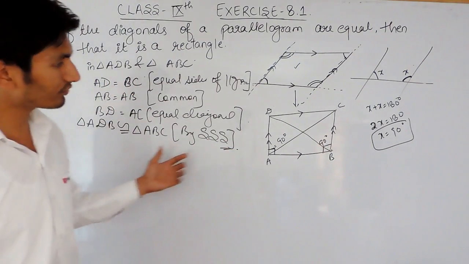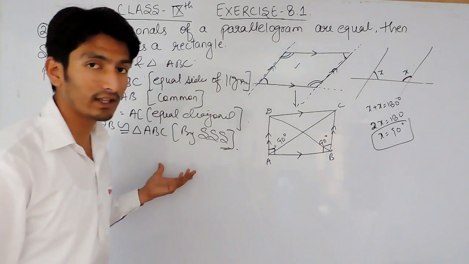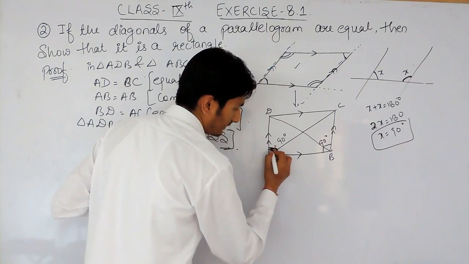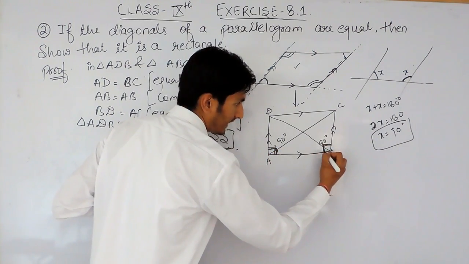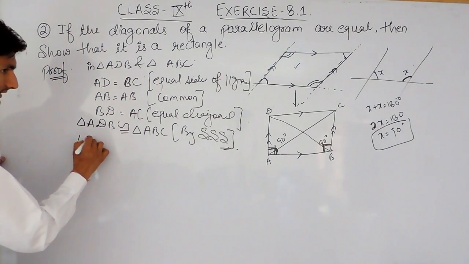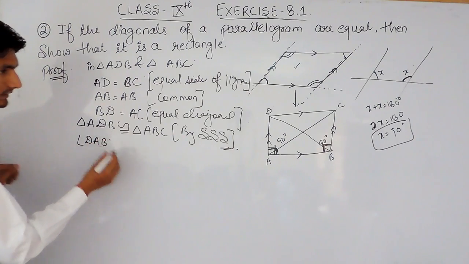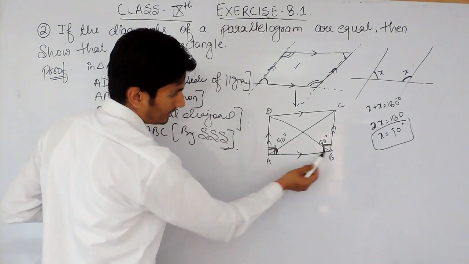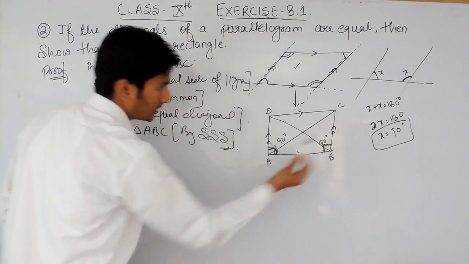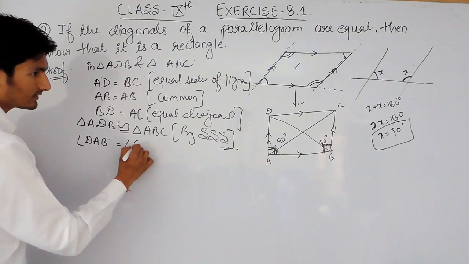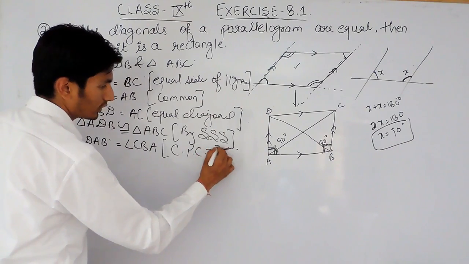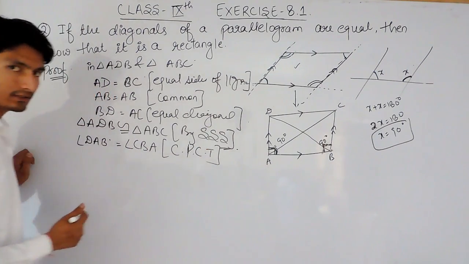Now, if these two triangles are congruent, obviously their corresponding parts must also be equal. So by CPCT we can confirm that angle DAB, this one, is equal to angle CBA, this one. This is by CPCT, corresponding parts of congruent triangles.